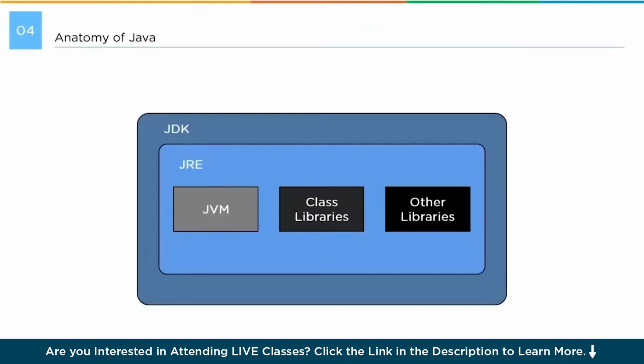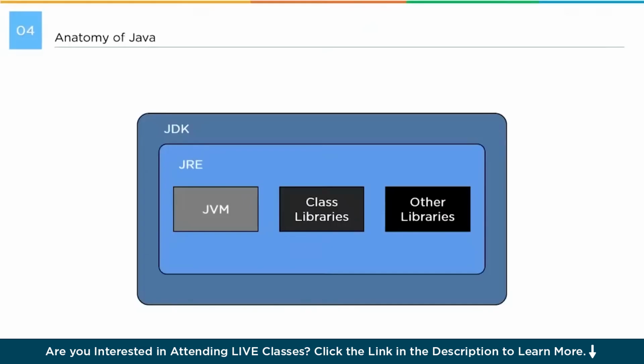Once the program is compiled, your .class file will be generated, and then you can run that .class file using JRE. In fact, if you just run your program on your local machine, JRE will automatically kick in and run your .class file. So the Java Runtime Environment or JRE runs your .class file with the help of these three components.